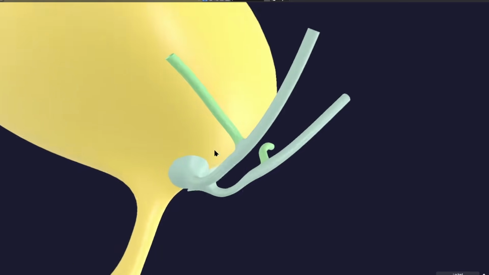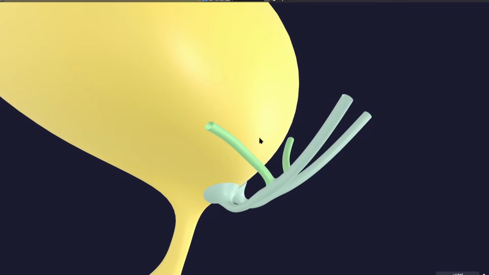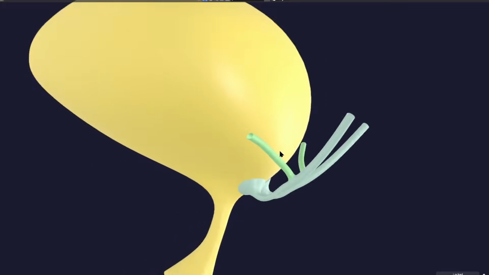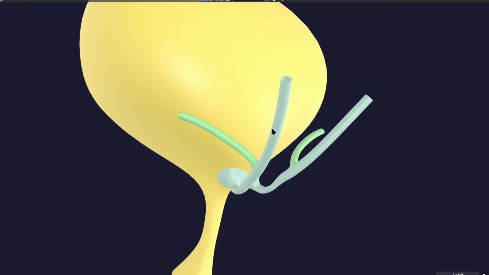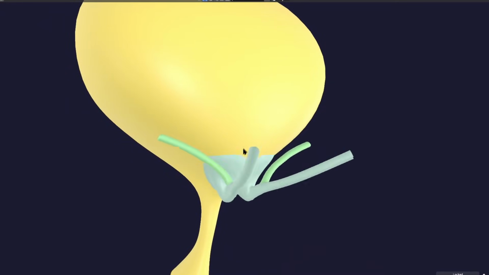This will become more clear when you watch this animation. Please focus on it. I know this concept is a bit hard to understand, but the good news is that you do not need to know the mechanism.